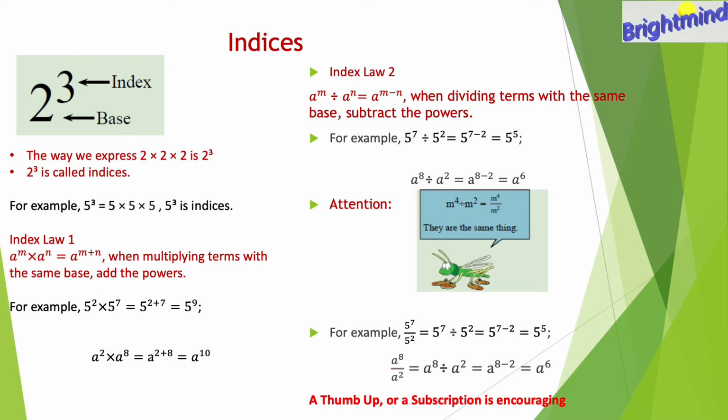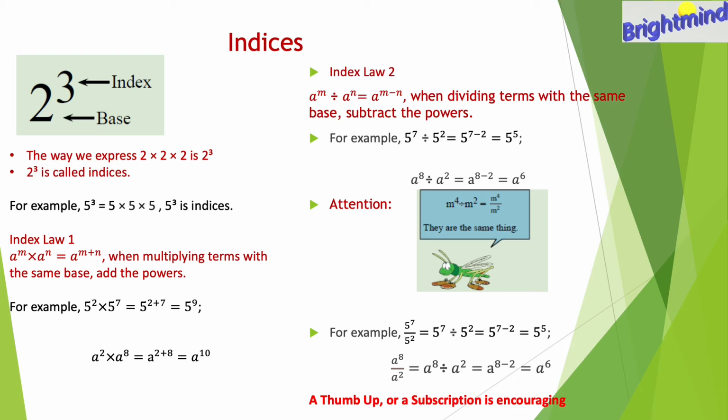For example, 5 to the power of 7 over 5 to the power of 2 equals 5 to the power of 7 divided by 5 to the power of 2. We use index law 2, keep the same base 5, subtract the powers, 7 minus 2, so we get 5 to the power of 5.